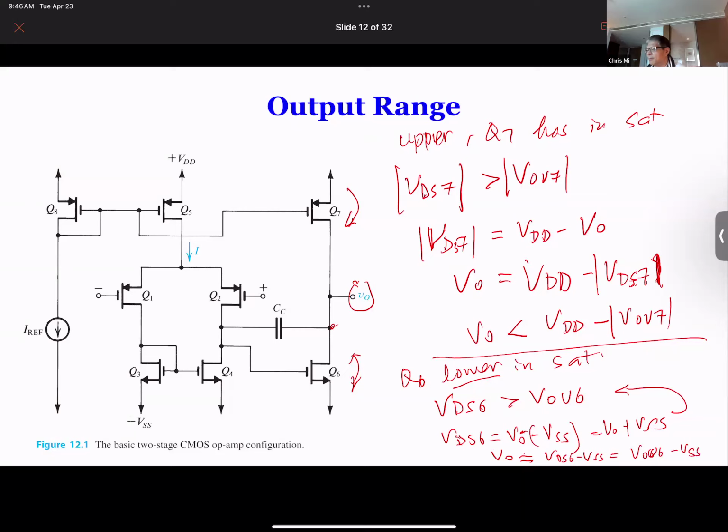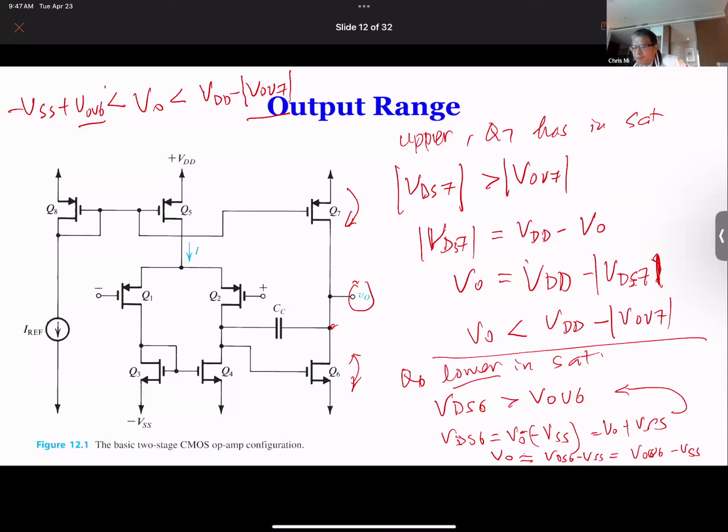So we got our lower bound. Therefore, we can write down VO, I write down here, so it has to be larger than minus VSS plus VOV6, and then less than VDD minus VOV7 here. So as you can see here, your output range is very big.